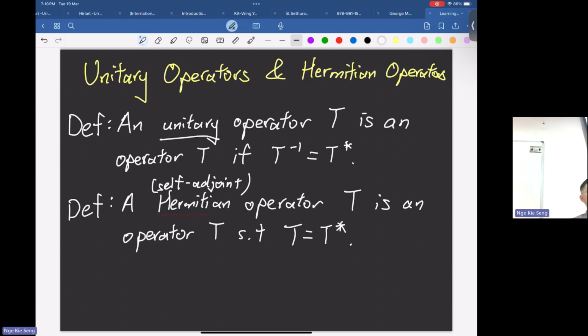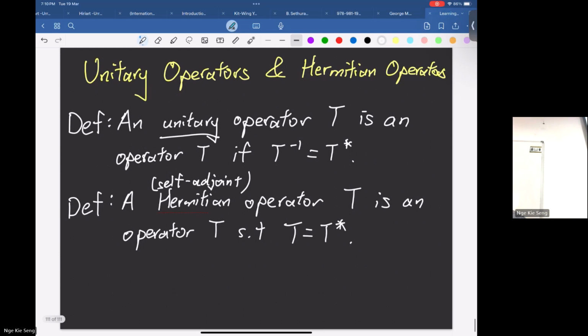Okay, so when do these two kinds of operators coincide? Can you imagine? When is a unitary operator a Hermitian operator? T equals T inverse. Yes. Okay, so let's try.